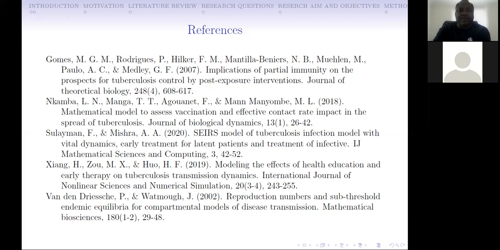Since you are also an epidemiologist, disease modeler, it might not be difficult for me to relate, but you need to say more to people in the medical field. It is important, please.